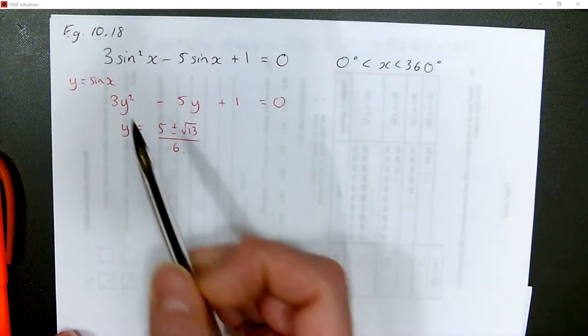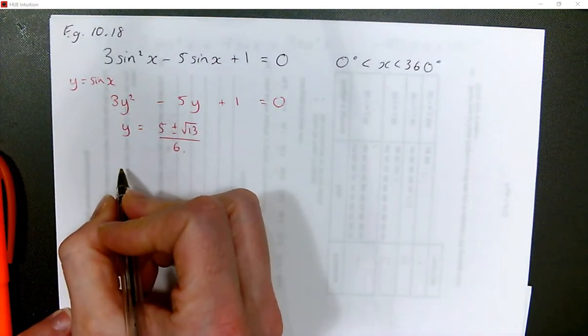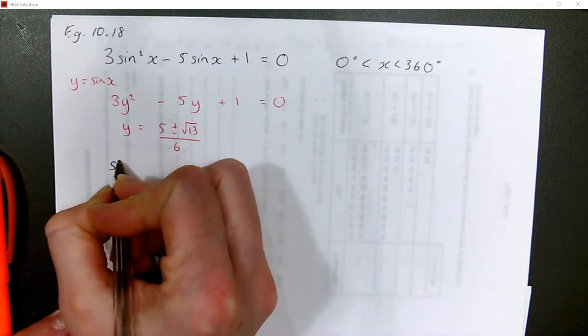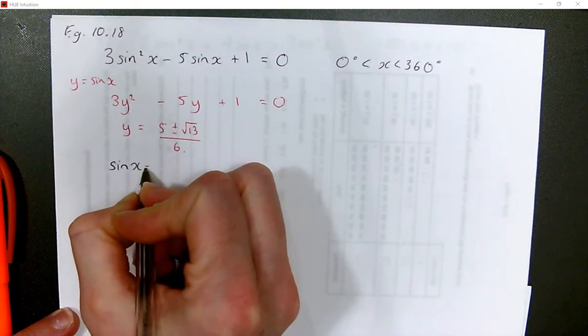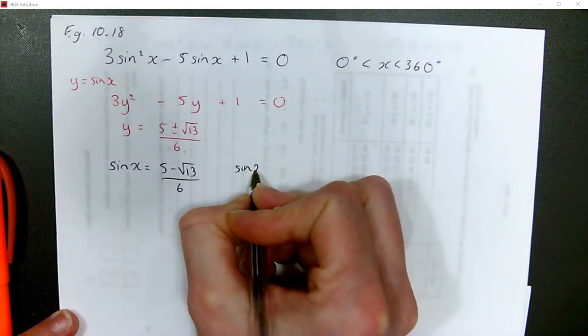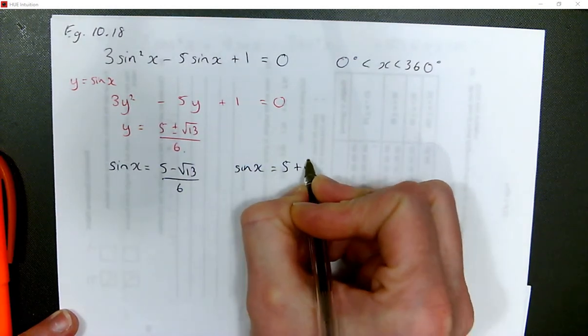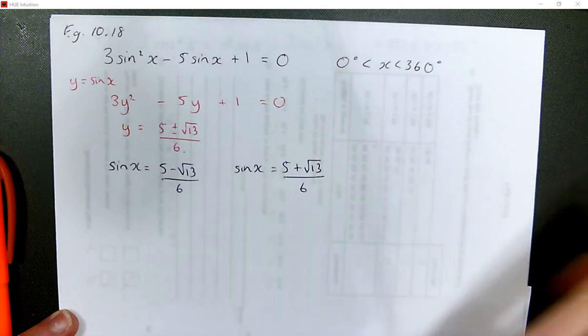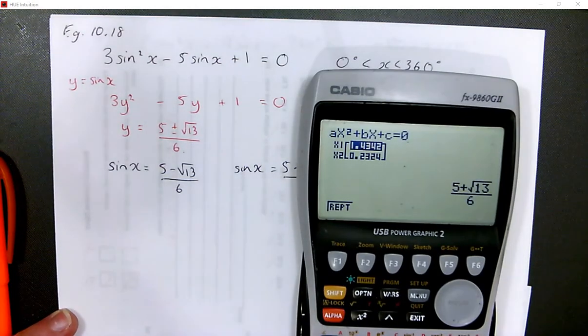Or you can just jump straight to this black version here. We've got sine x is 5 minus root 13 over 6, or sine x is 5 plus root 13 over 6. And I'm just going to check these are sensible values.